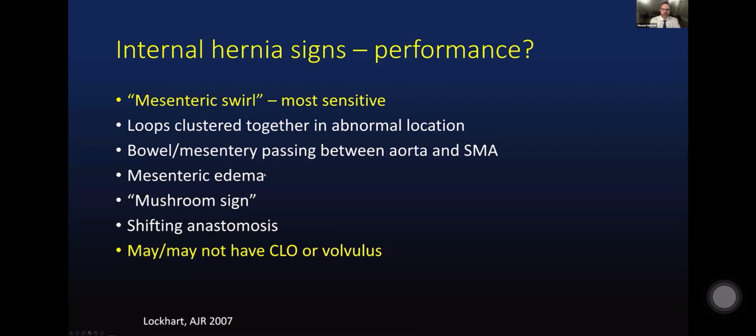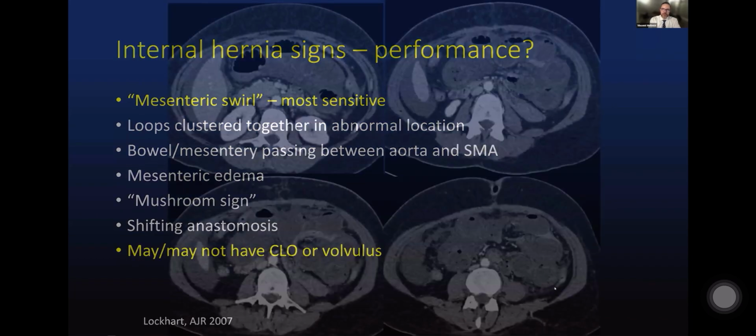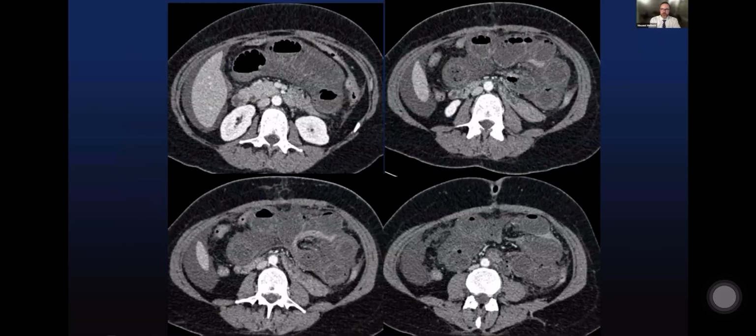Mesenteric edema, so-called mushroom sign, which is sort of a constriction of the internal hernia neck, shifting anastomosis like we saw a couple examples ago. And remember that patients may or may not have a closed loop obstruction or volvulus. These are the types of patients that we're trying to prevent.